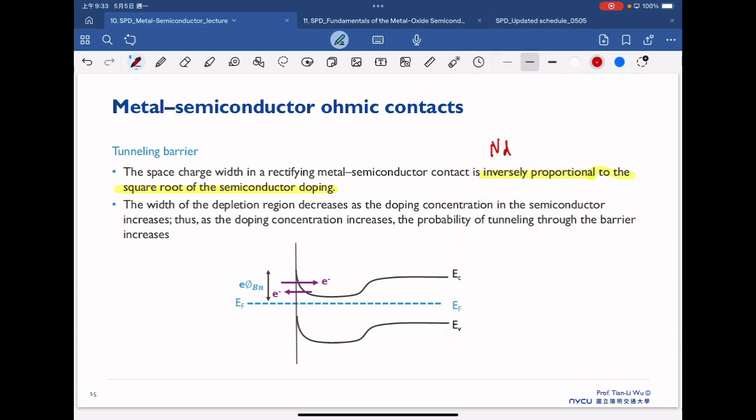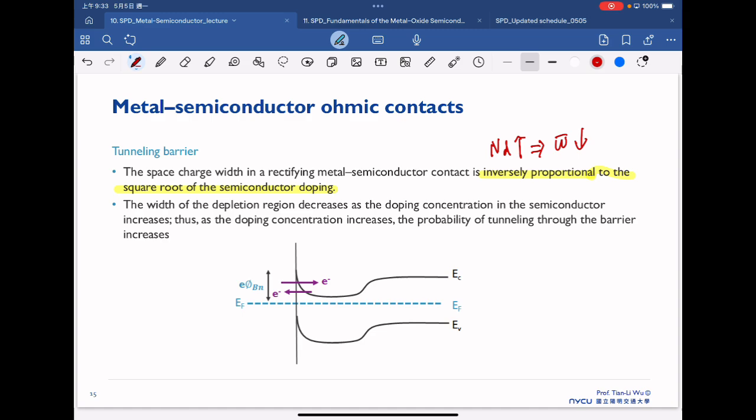once we increase the doping concentration in our metal and semiconductor junction, we can expect that the depletion width is reduced.